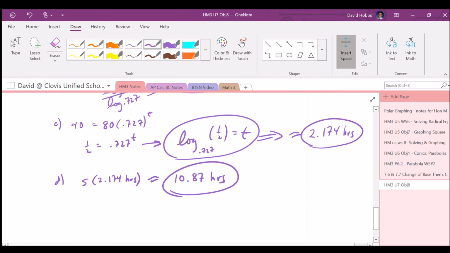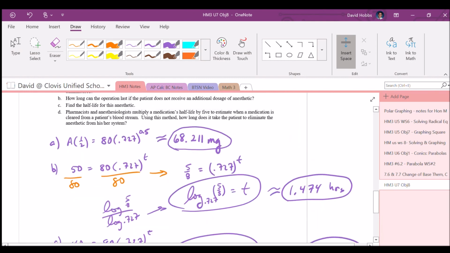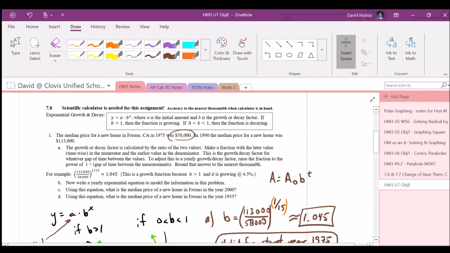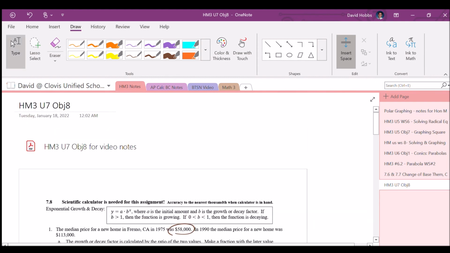So the drug will be cleared from the patient's system in a little bit less than 11 hours. Okay, so finish off whatever we didn't do there for the notes, which is really just doing 3 of the problems from Obj8, finish off the rest, and let's make sure we're ready for the exam on exponential functions and logarithms.